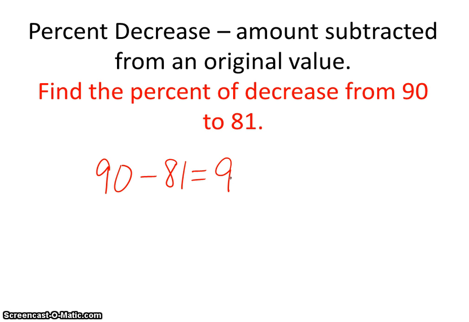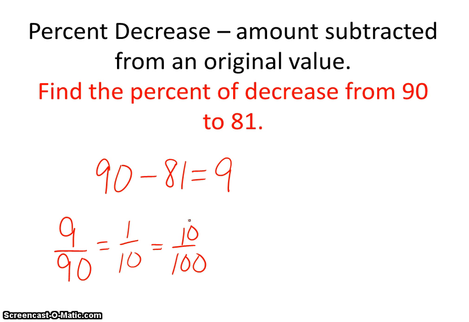Now I have two options. I can find the percent by putting it in a decimal and seeing if I can create a fraction with a denominator of 100. And in this case, 10 over 100, or 10 hundredths, gives me my 10% decrease.